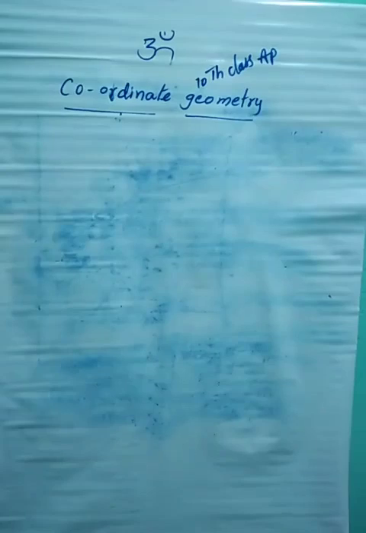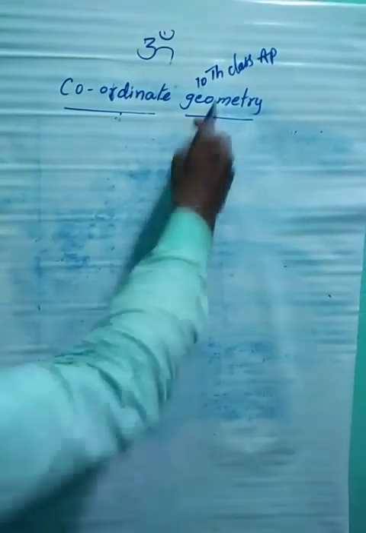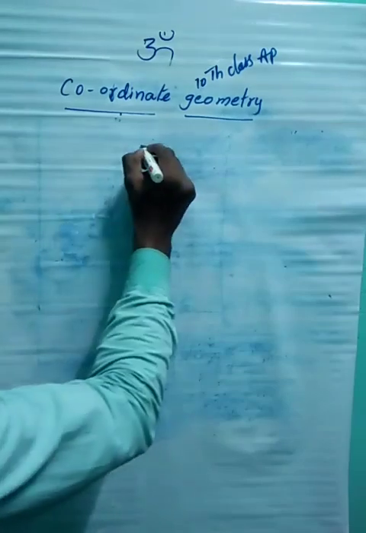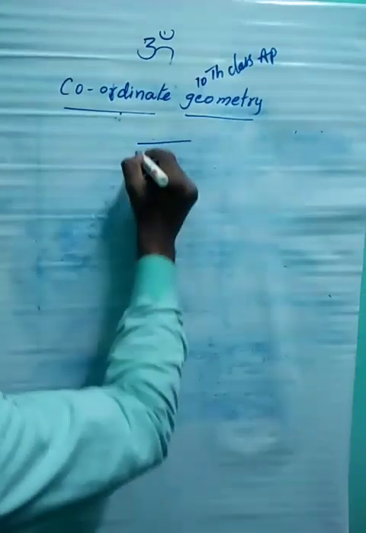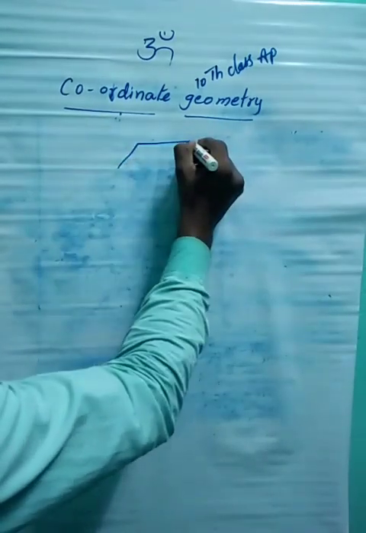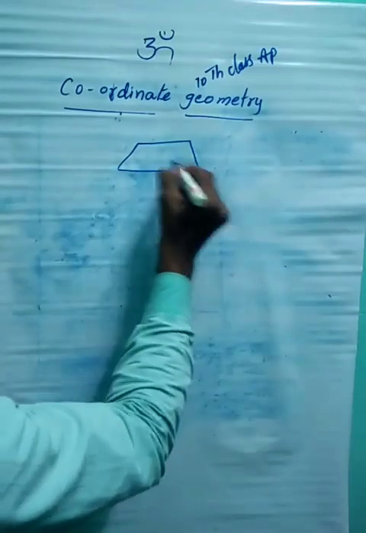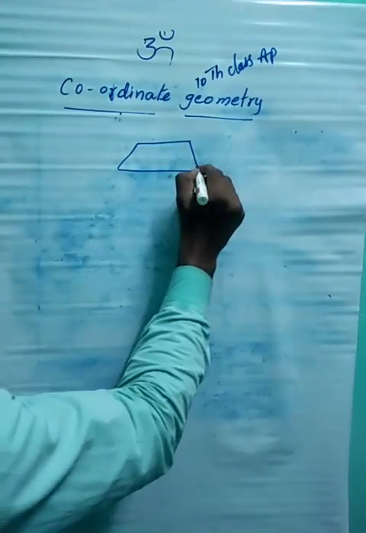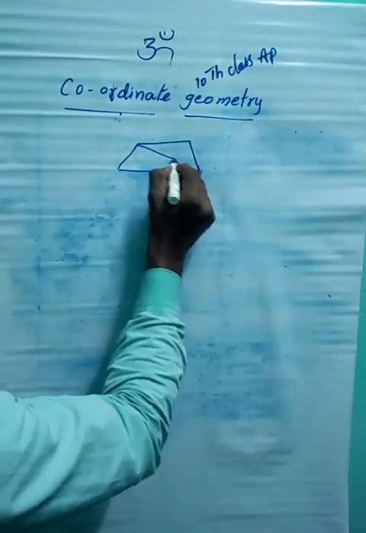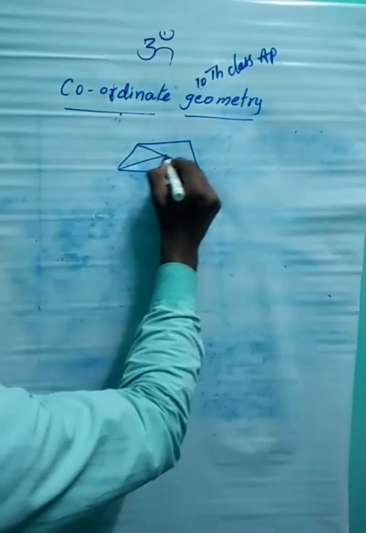Before we discuss the distance formula, to derive the distance formula, what are geometrical shapes? For suppose I am taking a quadrilateral. Why is it called a quadrilateral? Because it has four sides.